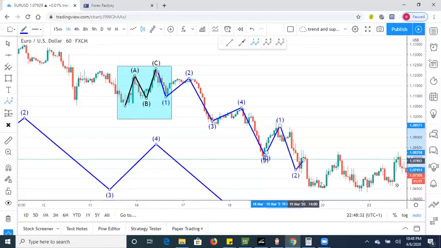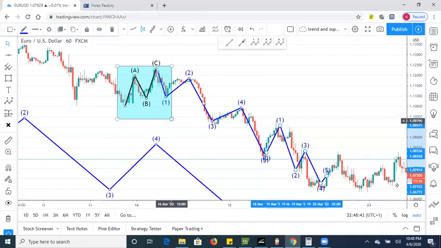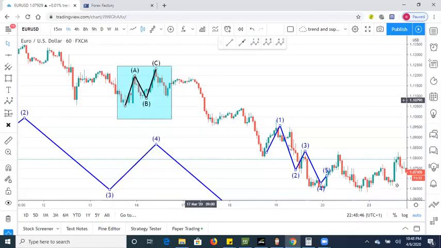Then you can continue your sell even on the lower time frame. You can see the consecutive lower highs and lower lows being formed, right? So establish your trend on the higher time frame.